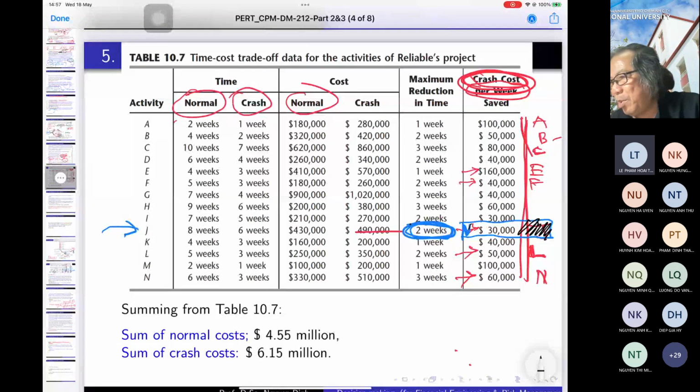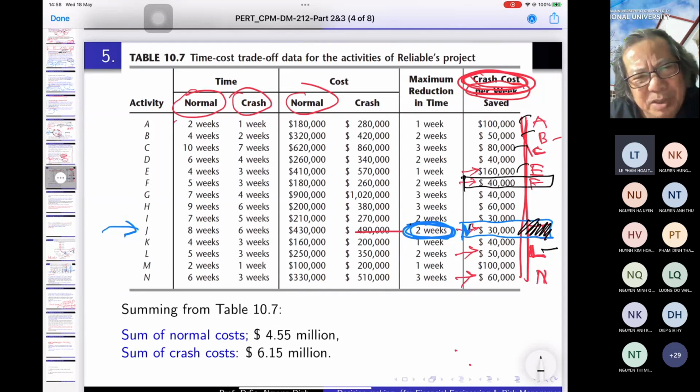So we cannot reduce more on J. But now we look at A, B, C, E, F, L, N. Which one is cheapest? 60, a lot. 50, a lot. A, 100, a lot. B, 50, C, 80, E, 160, and F 40. So now you see the node F, among all the other nodes in the critical path, is the node that is the cheapest to reduce.